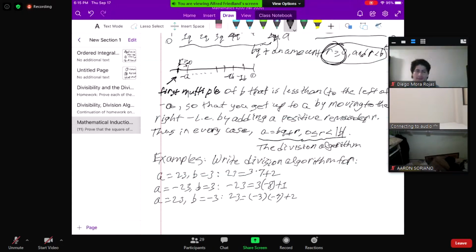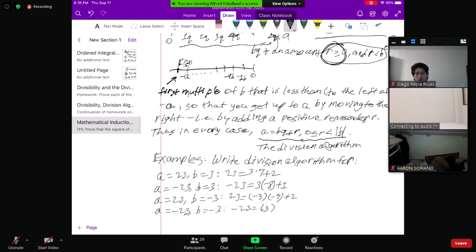And finally, if they're both negative, if A is negative 23 and B is negative 3, then we can write that negative 23 can be written in the form negative 3, that's B, negative 3 times what?